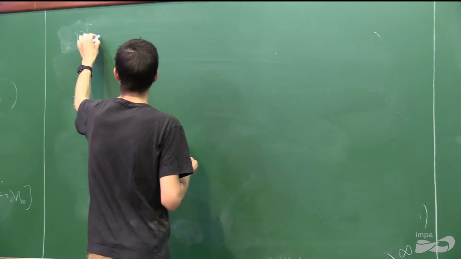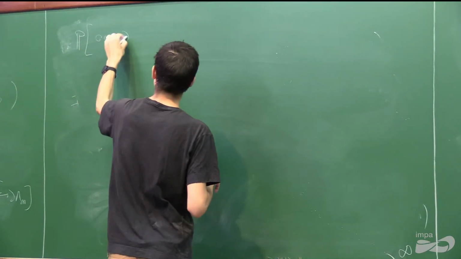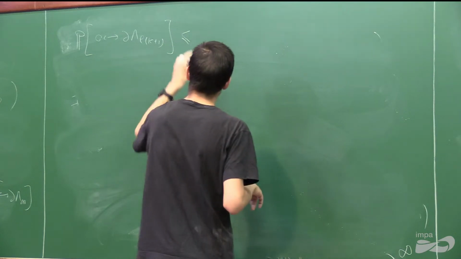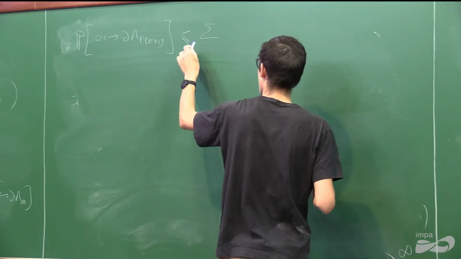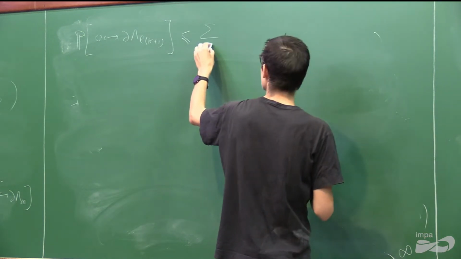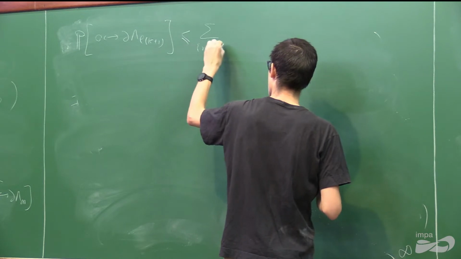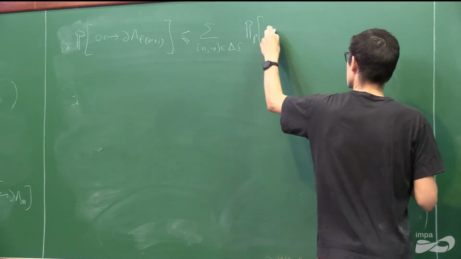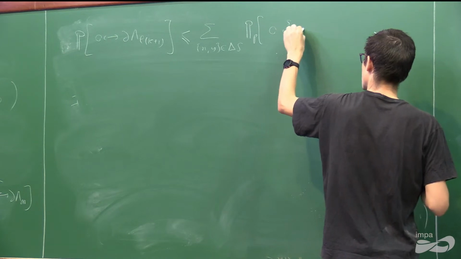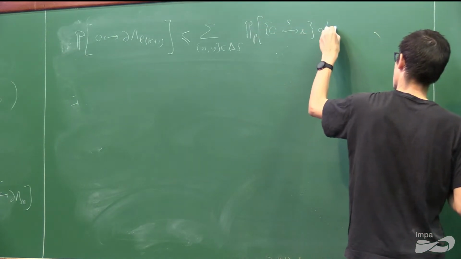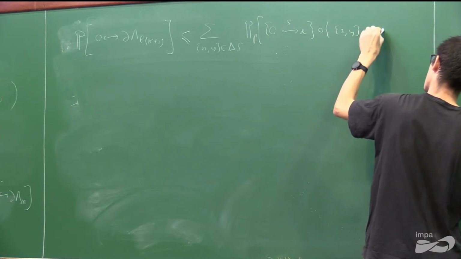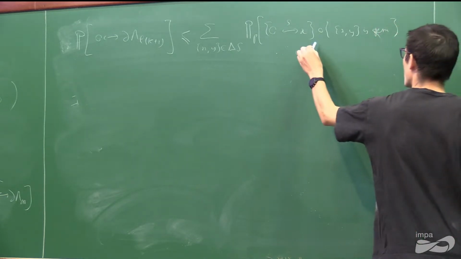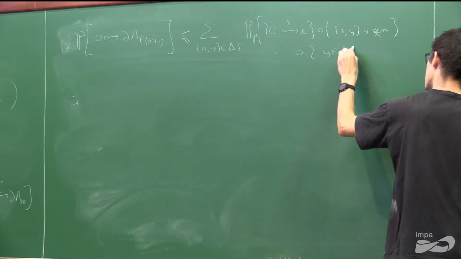is that P that 0 is connected to delta L lambda gamma L k plus 1 is smaller than the sum over x, y in delta S, probability of 0 to x in S, xy is open, y to lambda.